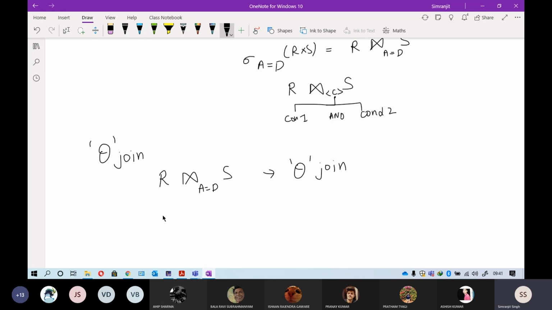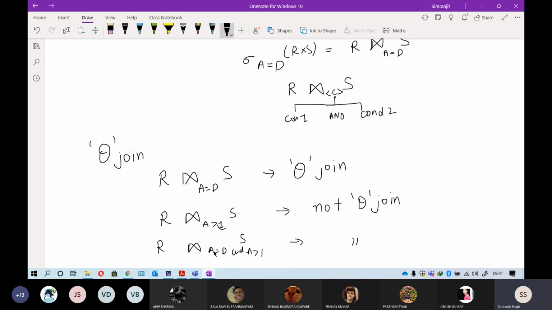Okay, so if you are comparing like this, R where A is greater than equal to 1. Here you are not comparing it with an attribute, but you are comparing it with a constant. So this will not be referred to as a theta join. Now it can be possible that you are doing like this, where A is equal to D and A is greater than 1. In this case also this is not a theta join.